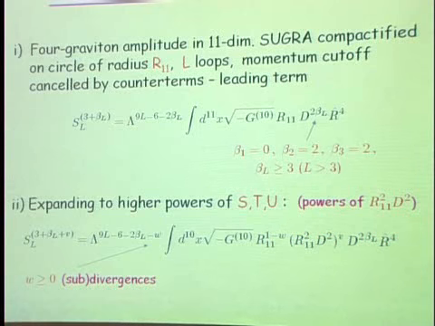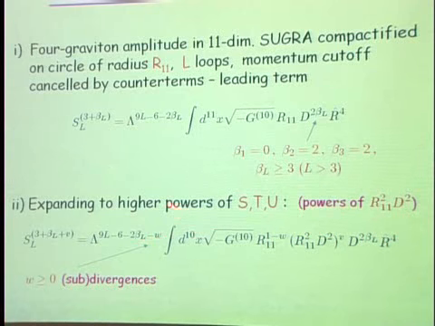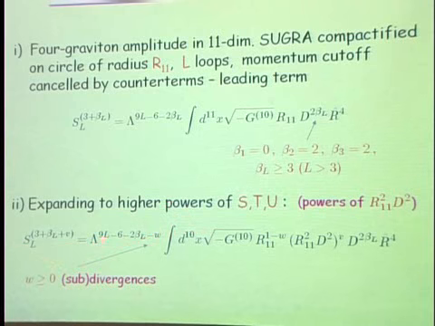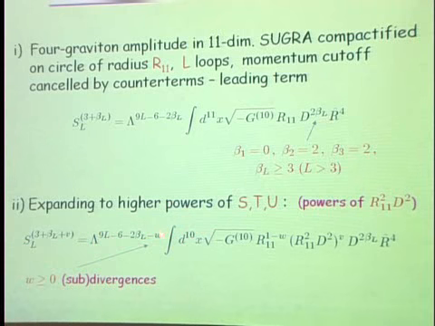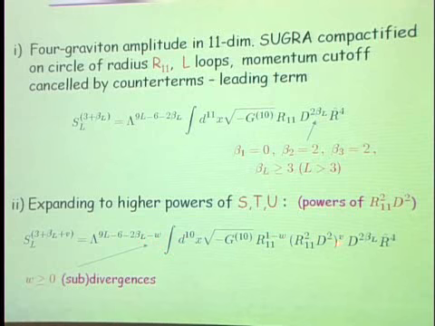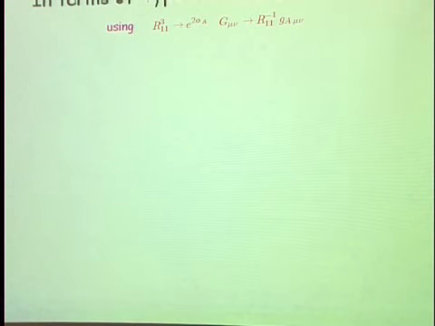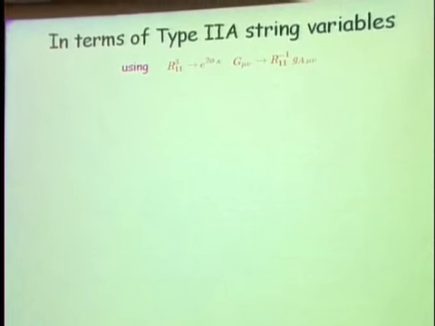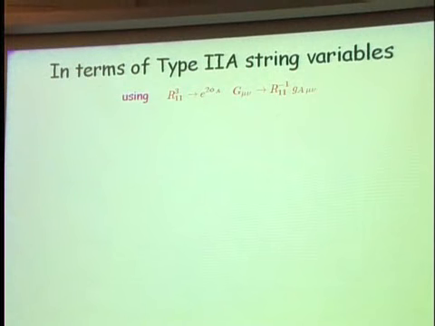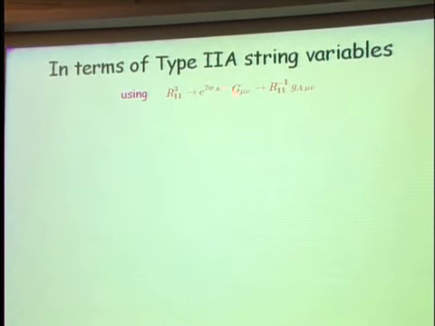Now I can translate that. So I've got these parameters, W, which indicates how divergent, whether I'm talking about subdivergence or whatever, power V, power beta L, and I can translate that expression into the 2A string variables by using the dictionary that I reviewed earlier, where R11 cubed is related to the coupling constant G squared in string theory, and the metrics are related in this way.